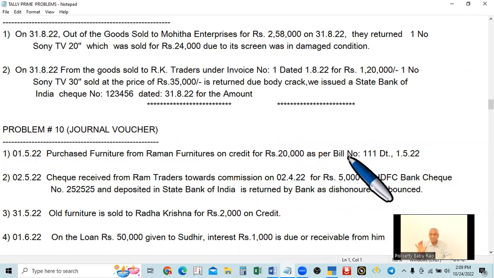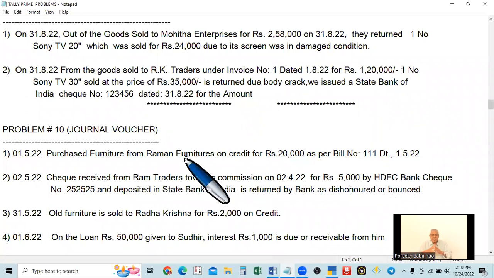Actual name is invoice, but in ordinary language we call it bill. Bill number 111 dated 15-2-22. If the date is not given, we take this date; if they give a date, we take that date. So this is the transaction.